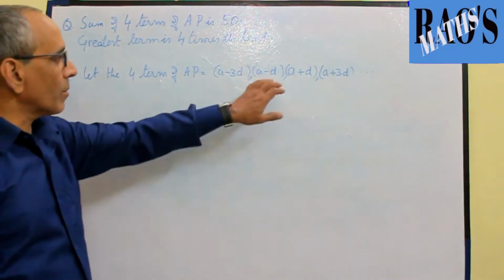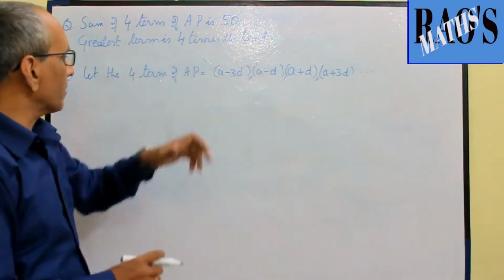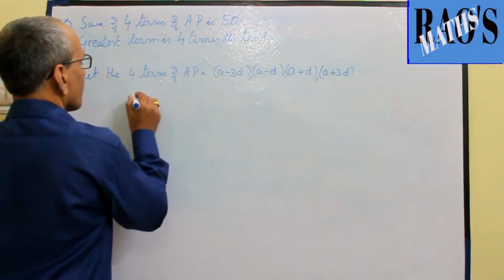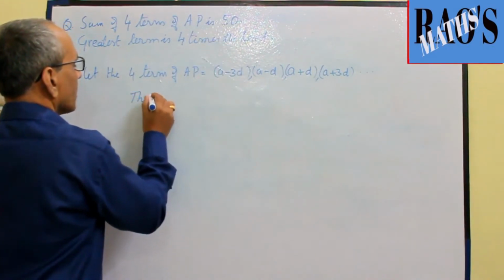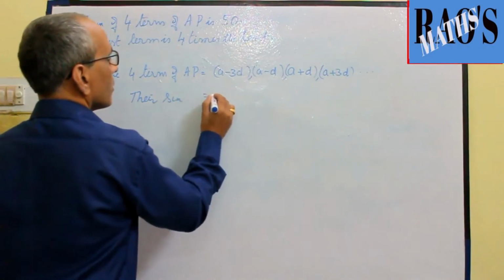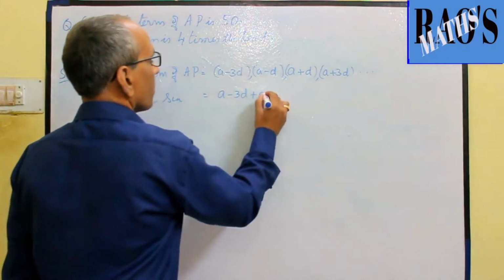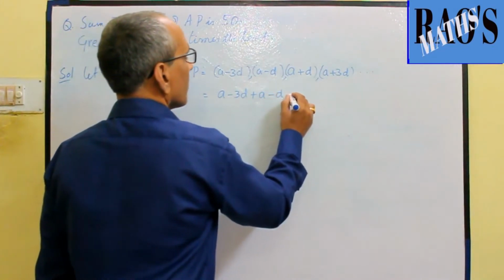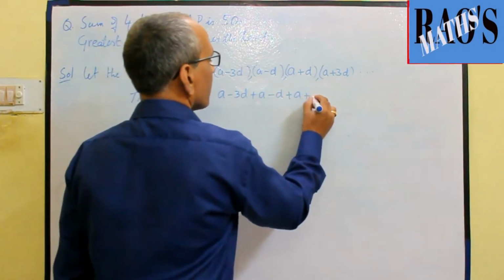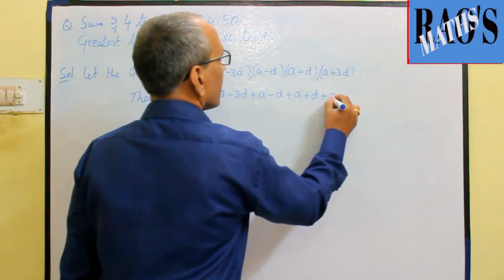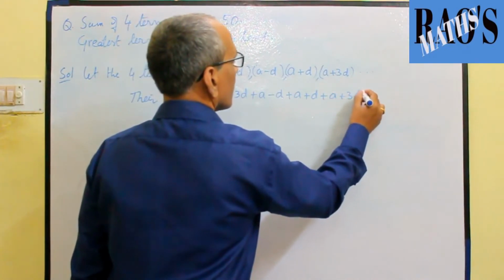You are given the sum of these 4, that is 50. Let's get their sum. Their sum is equal to A minus 3D plus A plus D, A minus D plus A plus D plus A plus 3D.